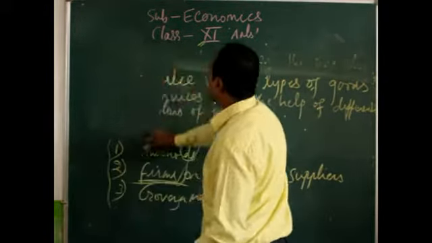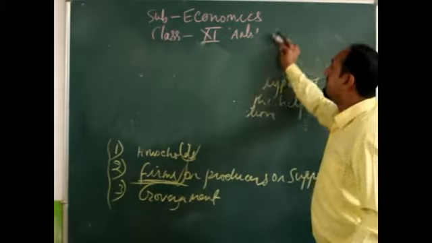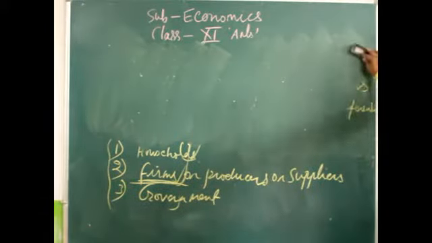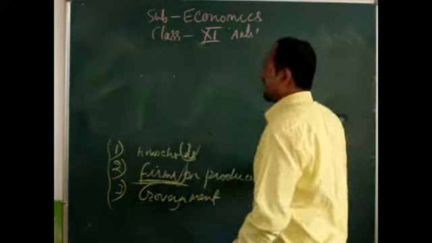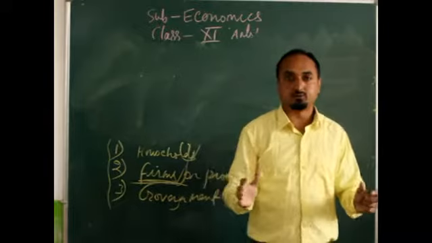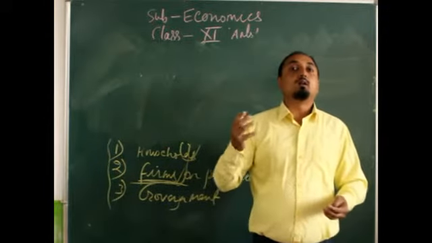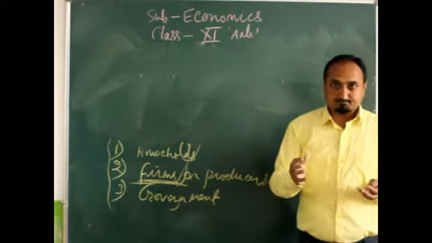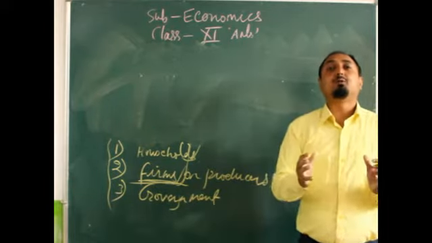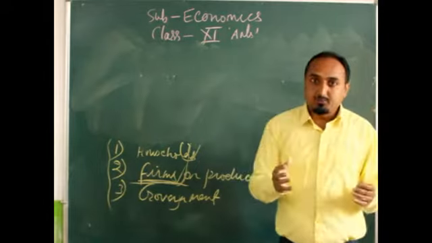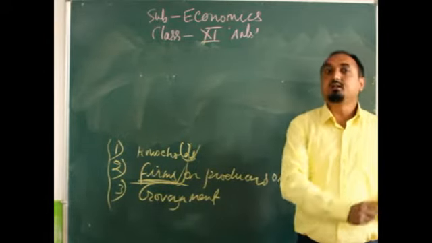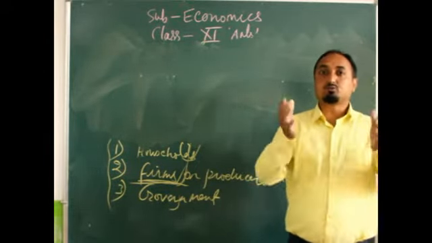So what is the role of government? Government is the one who maintains the law, rules and regulations in the country and provides safety to the people, as well as to the producers. So government is responsible for maintaining law and order and provides security to their people, to their different entities, to the households as well as to the firms.